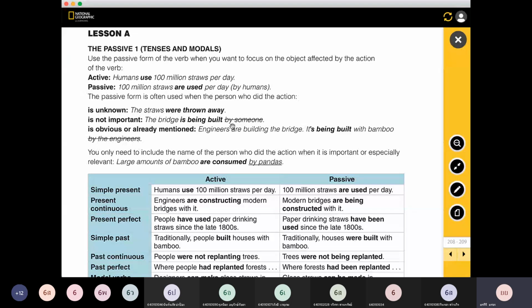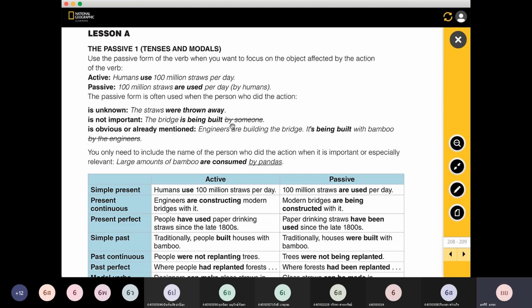We are talking about the subject first. So the focus is laid upon the subject. In terms of the grammatical aspect, it's active because we can see who does what.